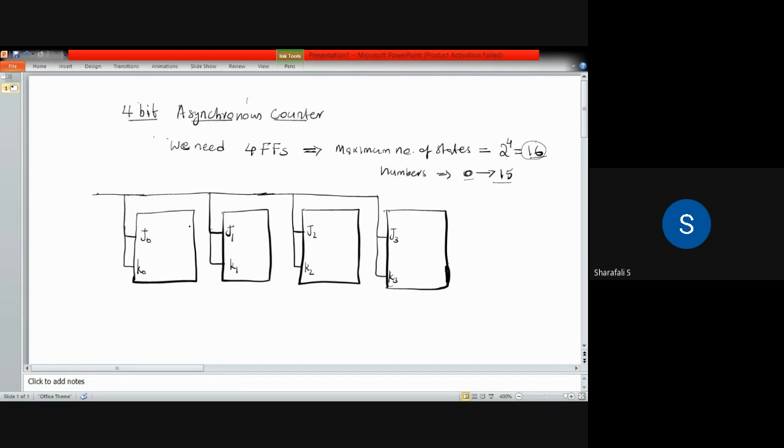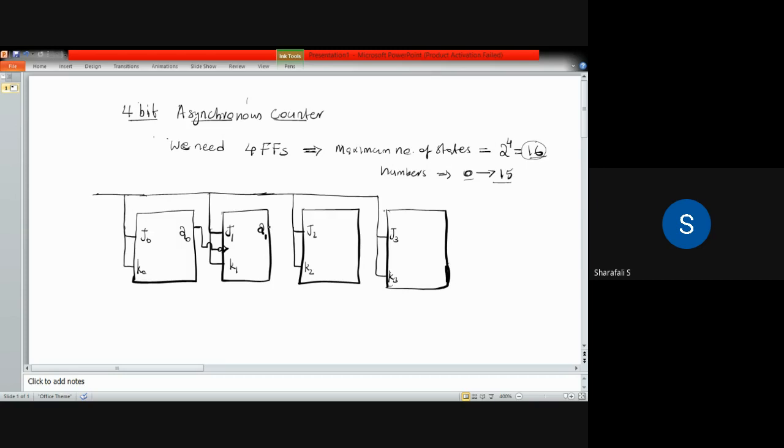Now we will be having the outputs Q0 for the first case, and that output is fetched from this first flip-flop, and which is given to the second flip-flop as the clock. We are considering the asynchronous counter, so the output of each flip-flop will be acting as the clock of the next flip-flop.